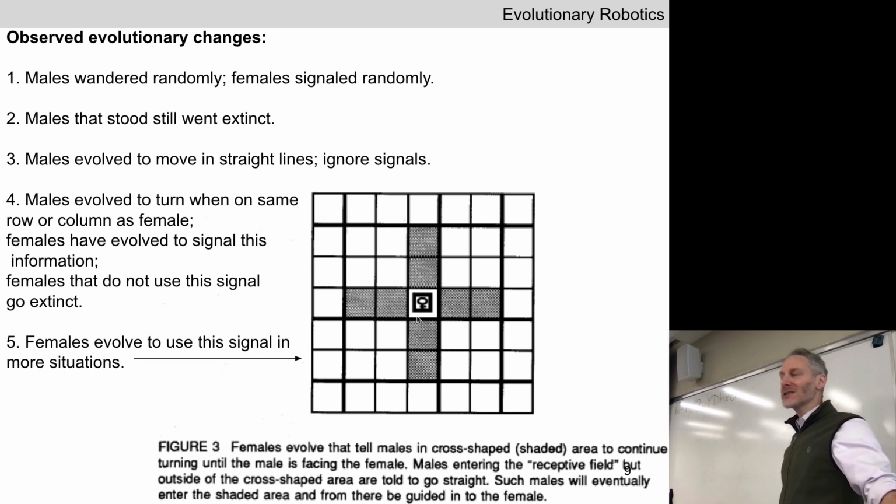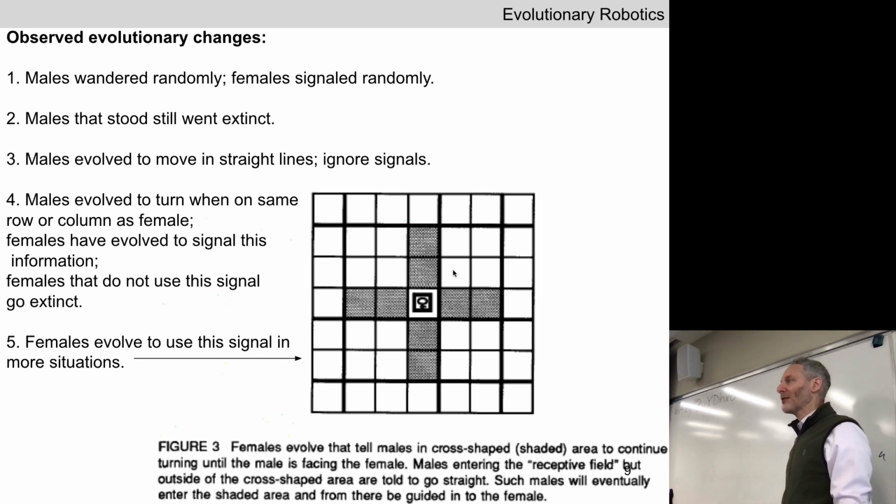So just to concretize this idea, let's go back to this specific case of one female who has started to evolve the ability to emit a signal that causes males to turn left when any male comes into contact with any of these shaded cells.